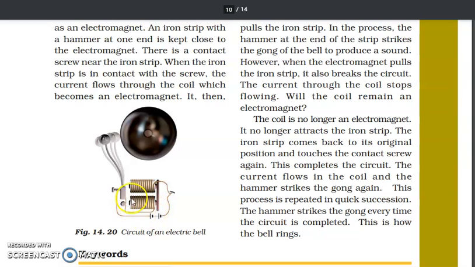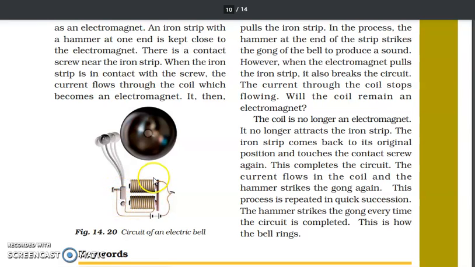So here we have taken a soft iron piece which is wrapped around by a coil of wire. Now whenever it is a closed circuit, at that time electric current flows through the circuit.